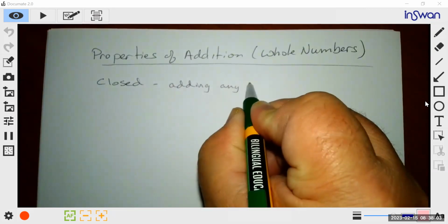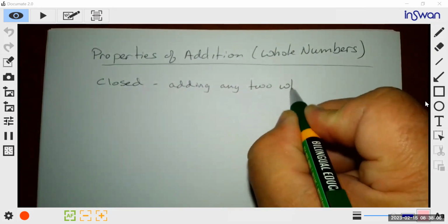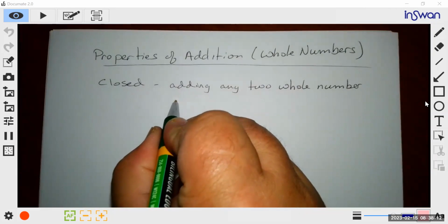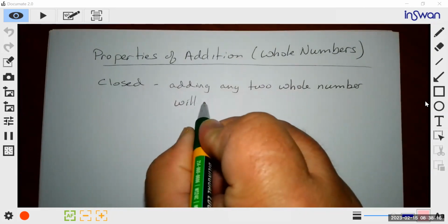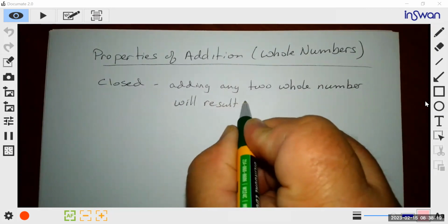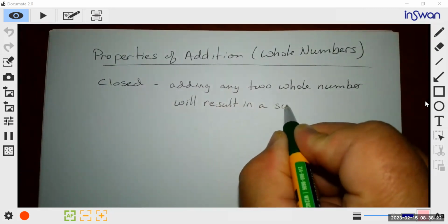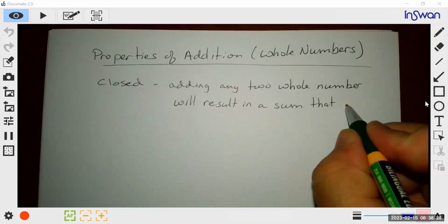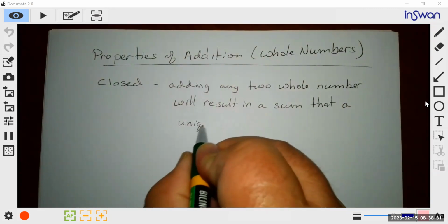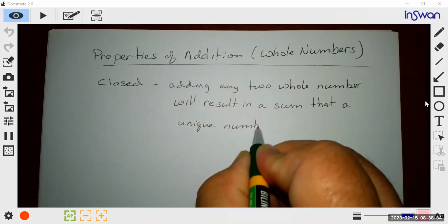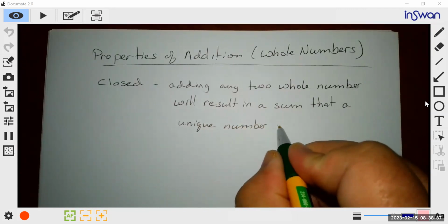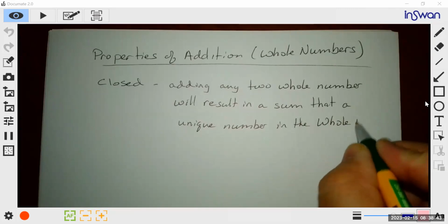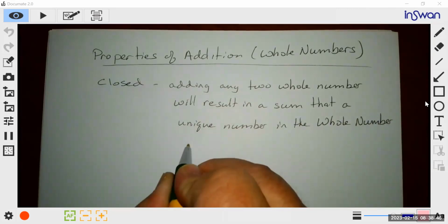Adding any two whole numbers will result in a sum that is a unique number in the whole number system.